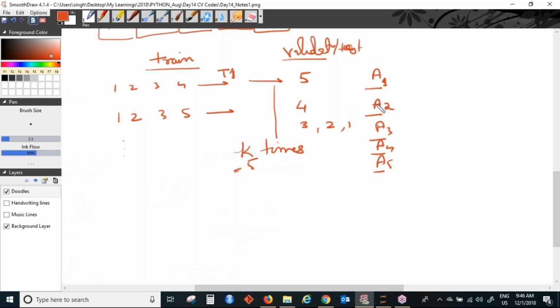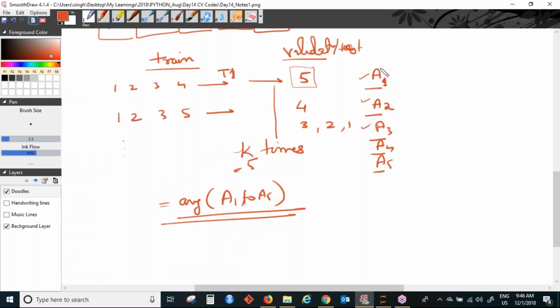And then the accuracy that you report. Now, what accuracy will you report? You will report that your model has an accuracy of the average of A1 to A5. You will not report whichever is the best one, because that best may be only for a particular test data.